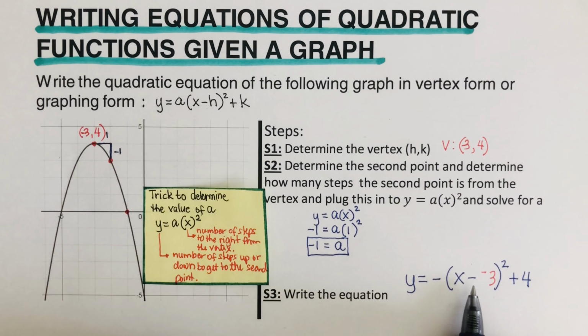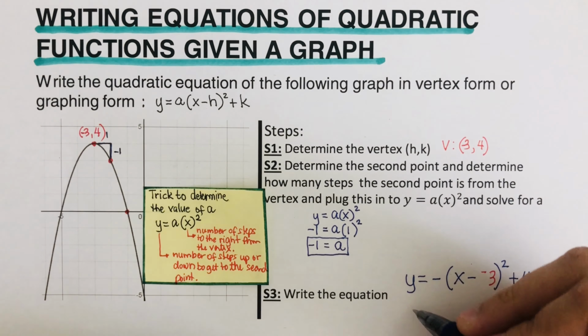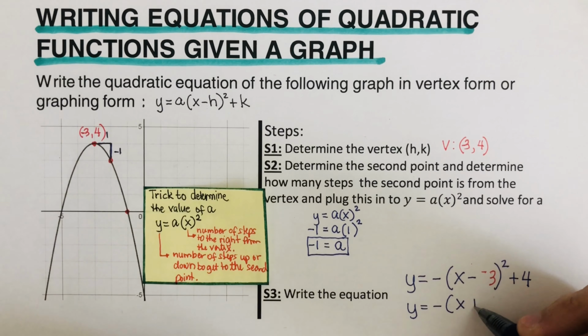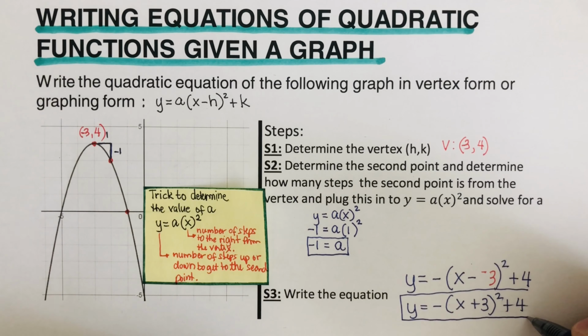We can still simplify this: negative and negative become positive. So this is y equals negative (x plus 3) squared plus 4, and this is the equation for this graph.